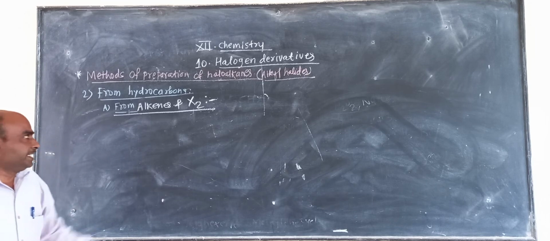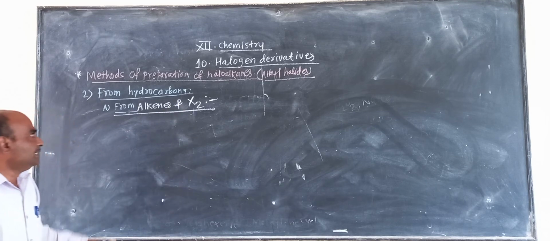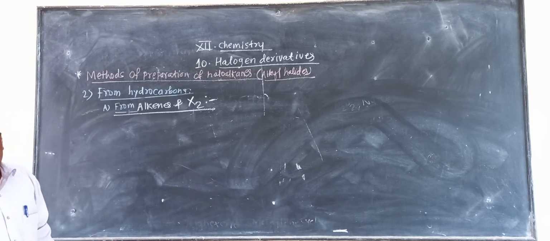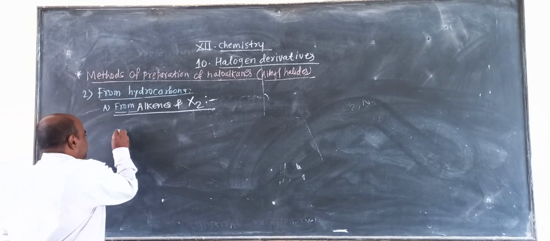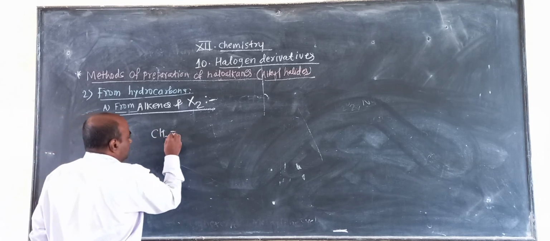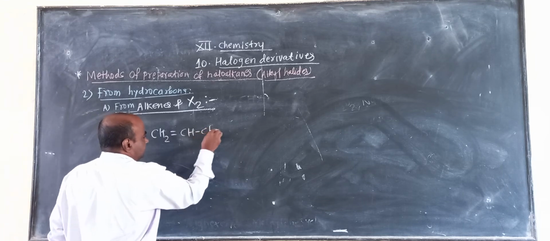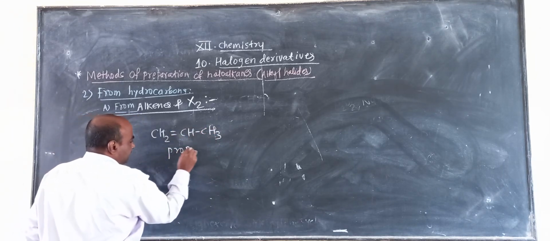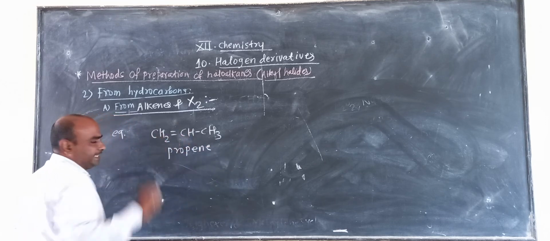Here, no doubt, when direct halogenation is carried out, the double bond of the alkene does not break. For example, if you take this alkene CH2 double bond CH3, the name of this alkene is again propene or prop-1-ene.